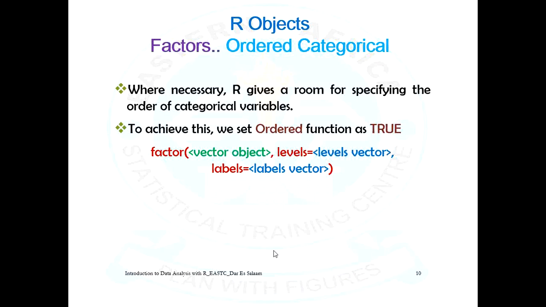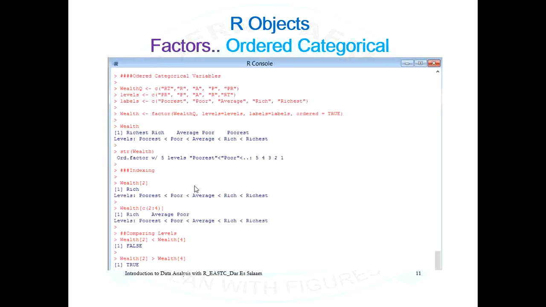So in this function we insert another argument for ordering, and we set ordered equal to true for R to capture the variable as an ordered categorical variable.